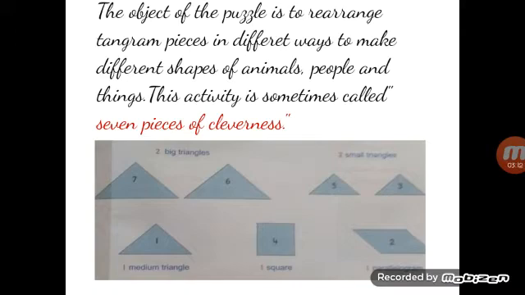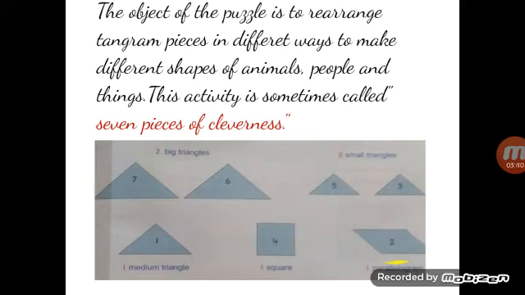What is the puzzle here? You have to arrange this piece of paper, these different shapes, in different ways to make different shapes of animals. By arranging these pieces of paper, we can make animals, people and things.